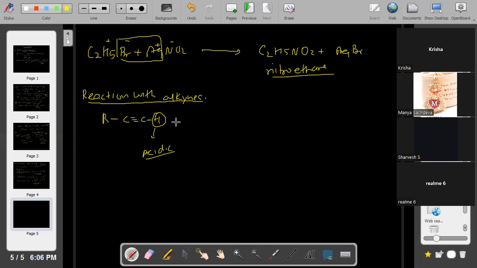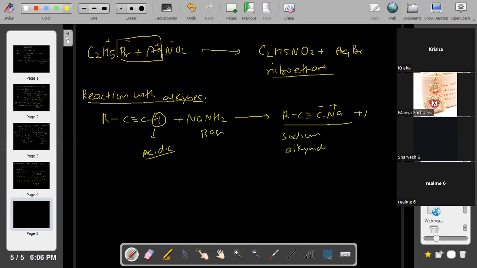So it will react easily with sodamide, NaNH2, which is the base. So this comes with this, and sodium comes at this place. Then R C triple bond C Na. The name of this compound is sodium alkynide, plus NH3.